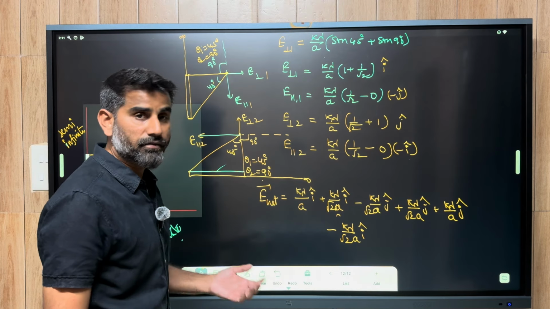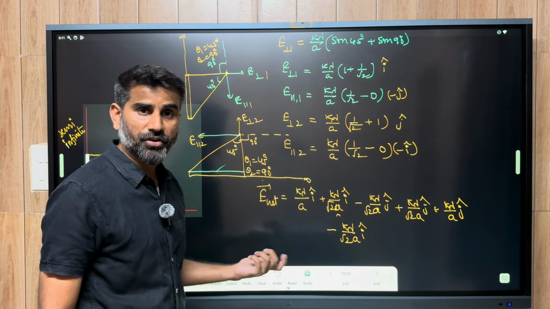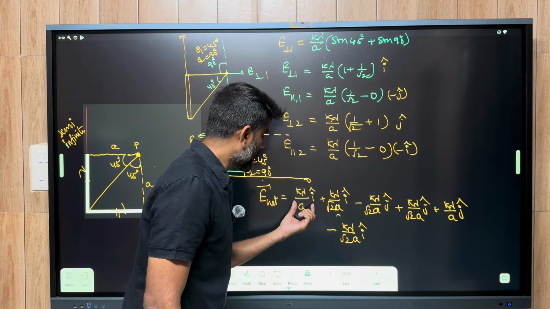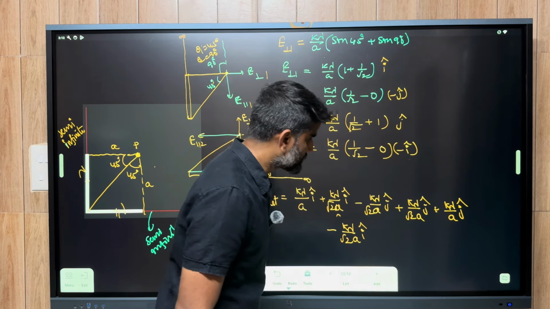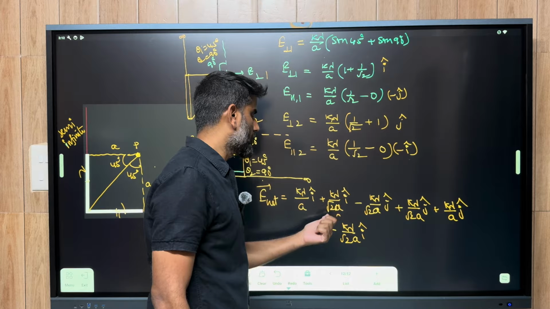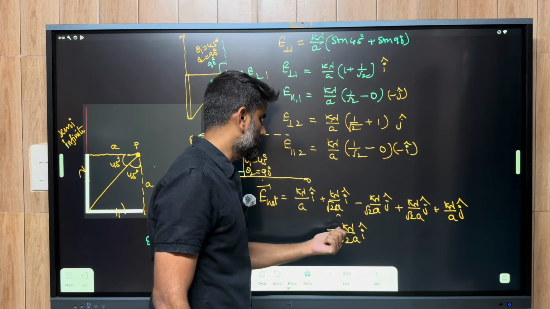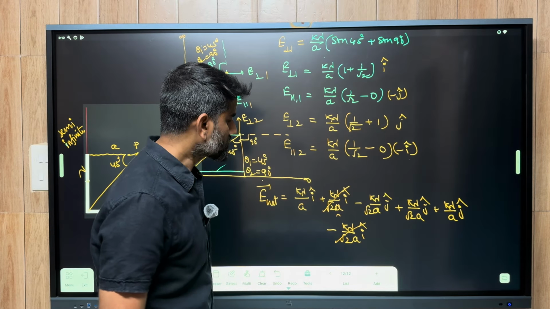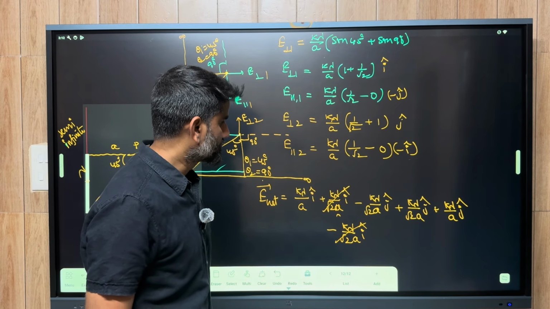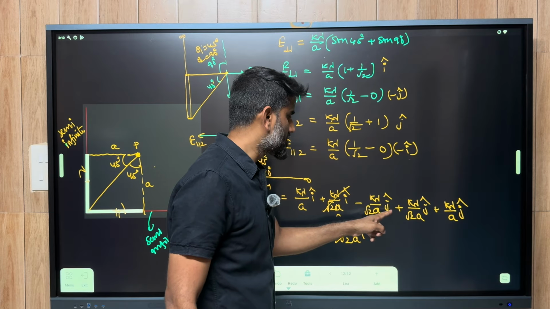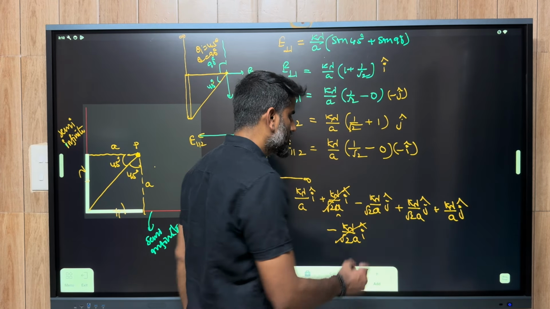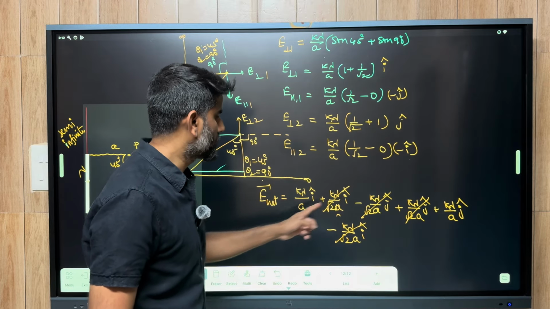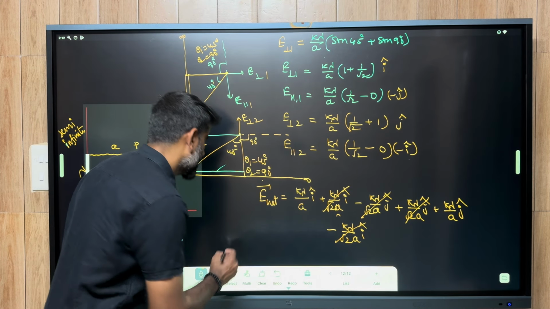Okay, right. Now if we have similar terms with opposite sign, they get cancelled out. k lambda by a I cap, there is no such term. k lambda by root 2 a I cap plus k lambda by root 2 a I cap minus, these two will get cancelled, and minus k lambda by root 2 a j cap plus k lambda by root 2 a j cap, these two will get cancelled, and I am left with only two expressions.